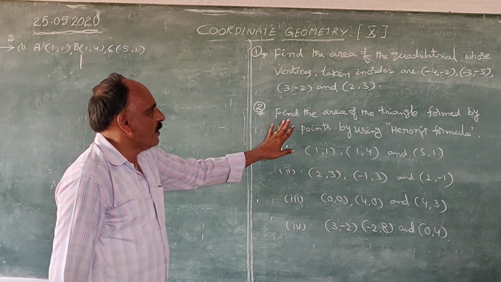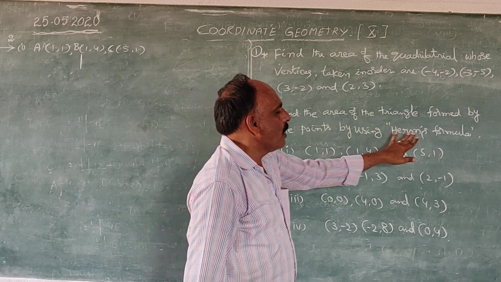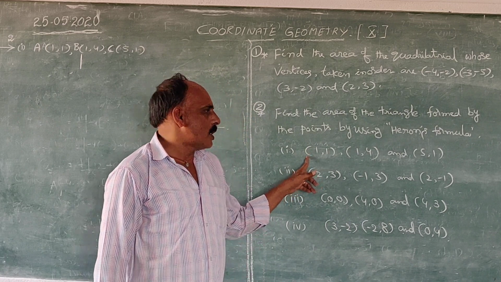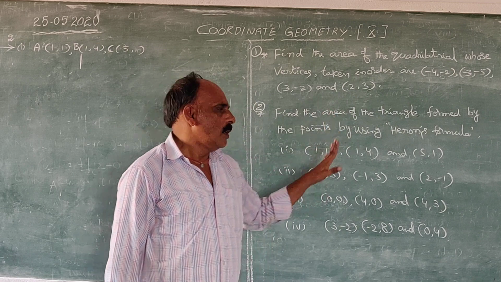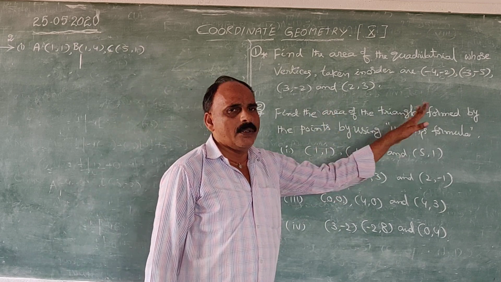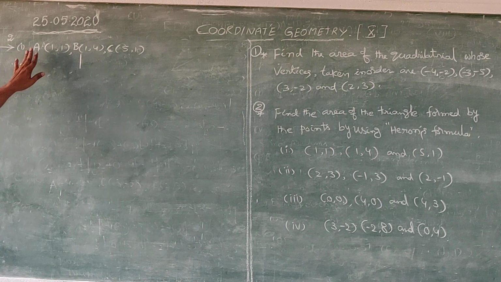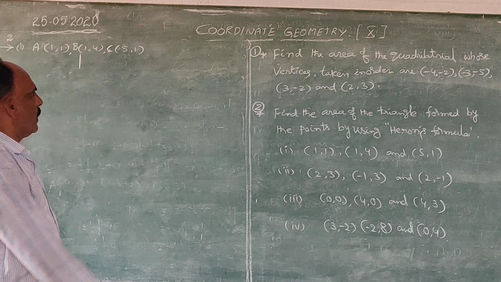The second problem, find the area of the triangle formed by the points by using Heron's formula. This is the first problem: (1, 1), (1, 4) and (5, 1). Okay? These three points, A (1, 1), B (1, 4) and C (5, 1).